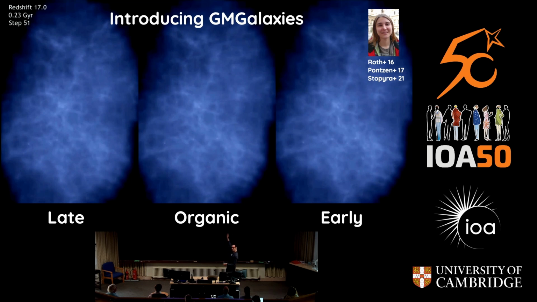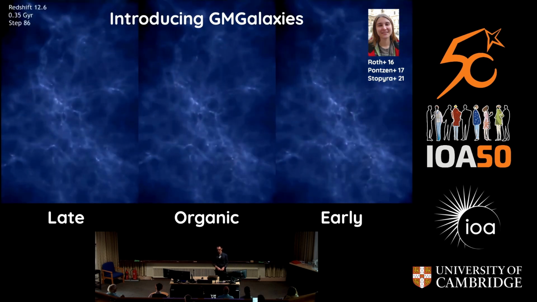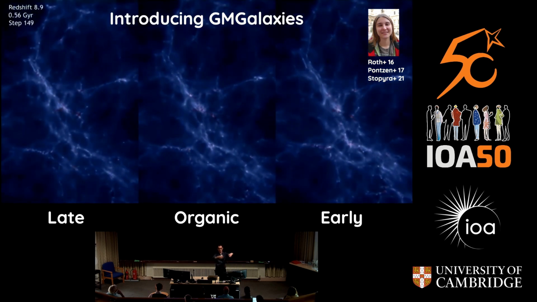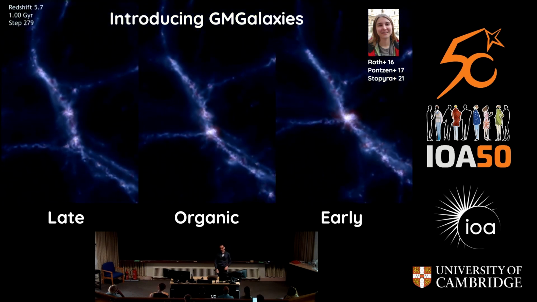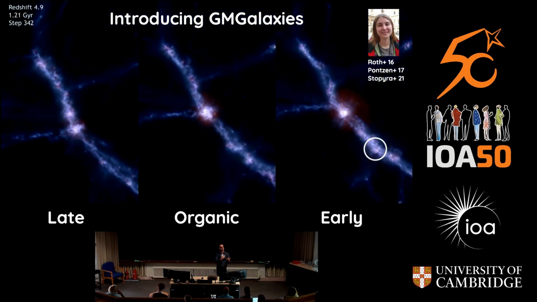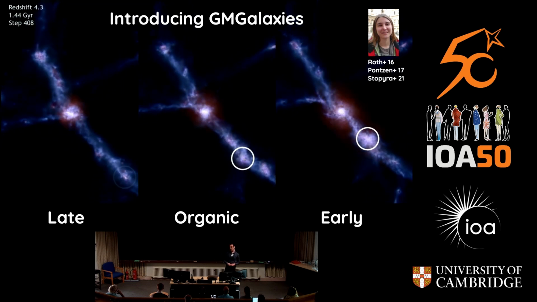From left to right, we're going to have slightly different formation histories for the formation of a central galaxy. Here it is at redshift 17. As you go forward in time, you can see that essentially, you know, they're forming out of a cosmic web that looks very similar, but over time, small differences begin to emerge between the three histories.